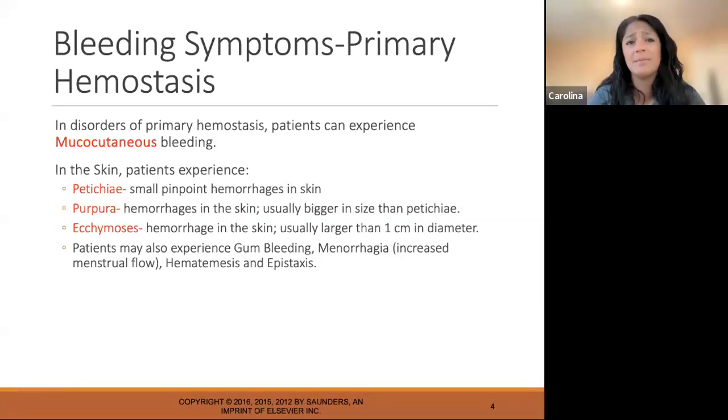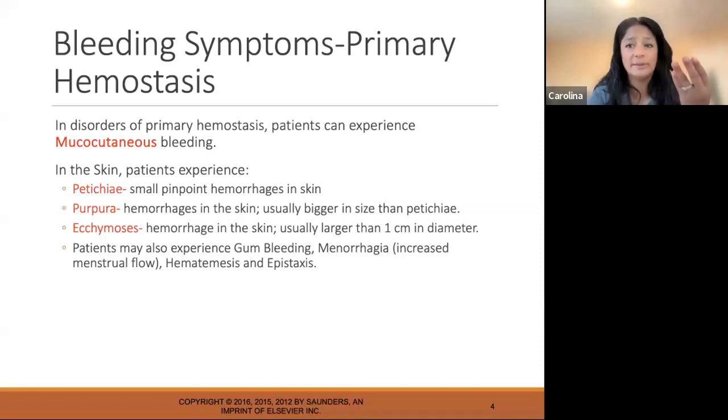But of course, issues with primary hemostasis also bring other symptoms than mucocutaneous bleeding. Patients can experience gum bleeding, menorrhagia. Menorrhagia is increased menstrual flow. Hematemesis is when a patient vomits blood, and epistaxis.